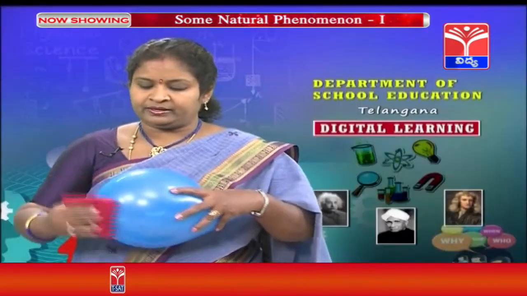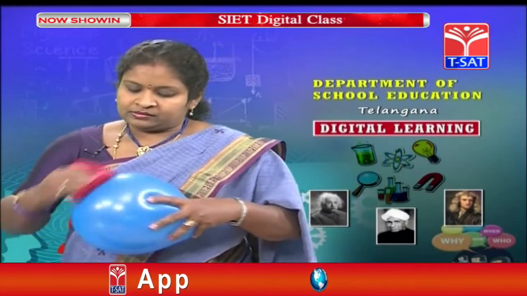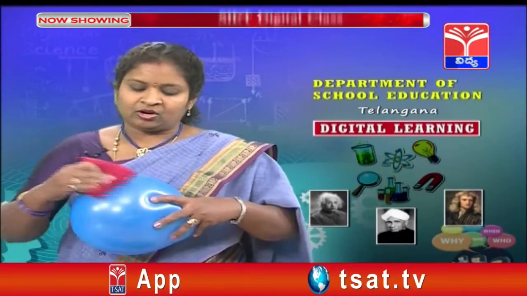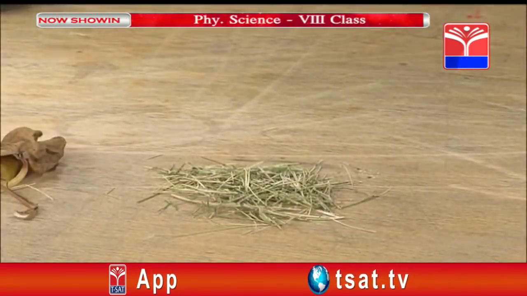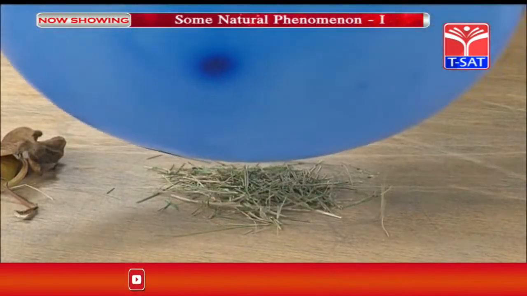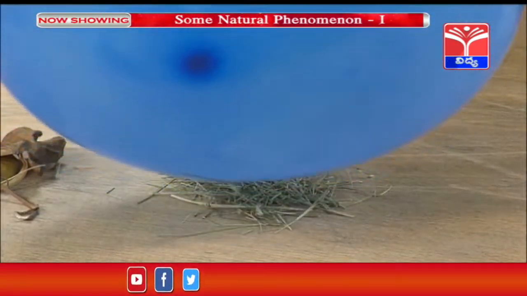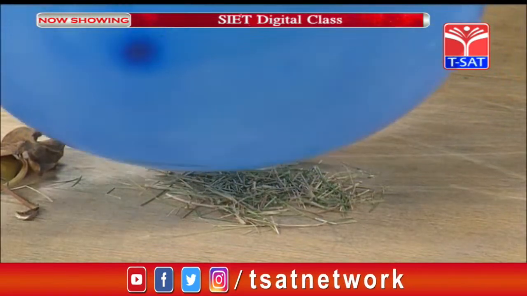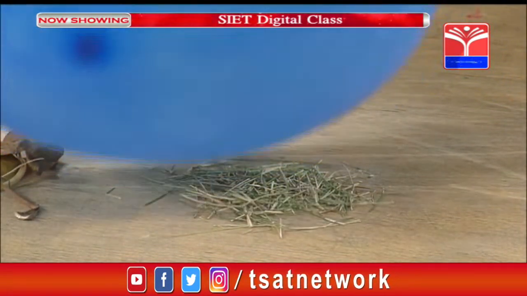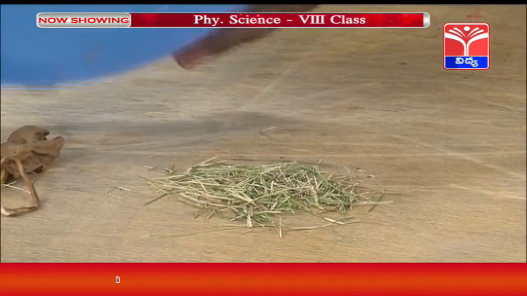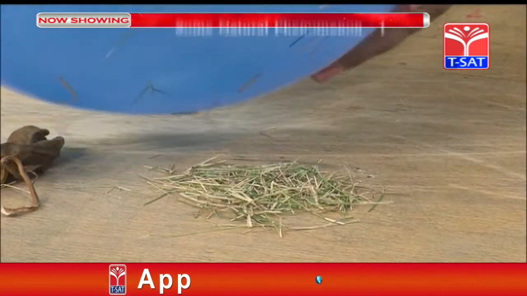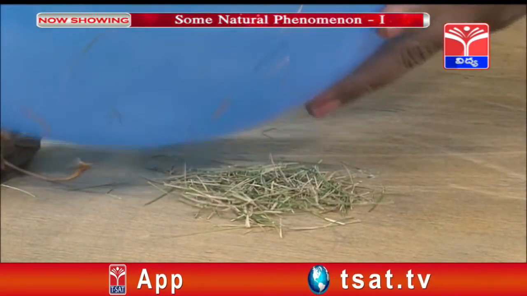Now again rub it with a cotton cloth and bring it near the dry husk. See, it is getting attracted. You can see husk particles getting attracted towards the balloon.